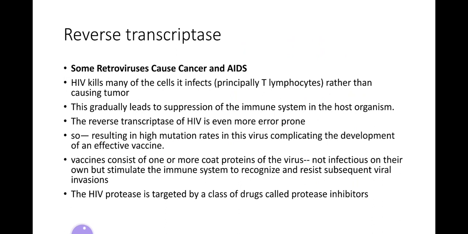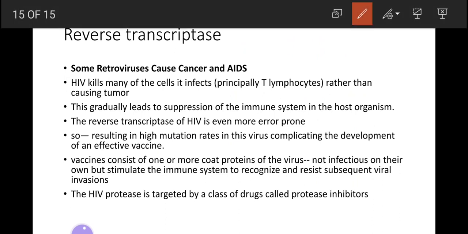But there is a strategy adopted by scientists: they made vaccines which consist of two or more coat proteins of the viruses. These coat proteins alone are not infectious, but they stimulate the immune system to recognize and resist subsequent viral invasions.